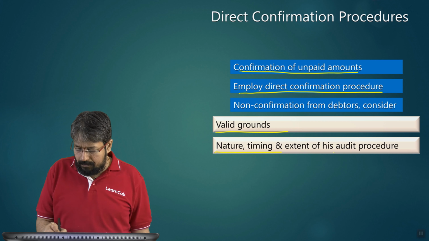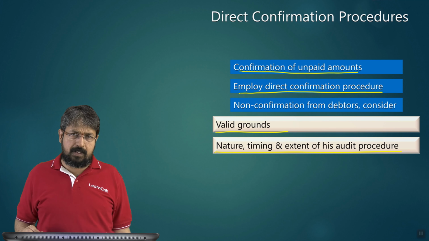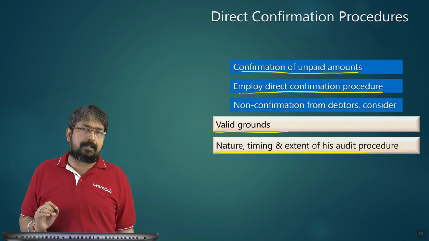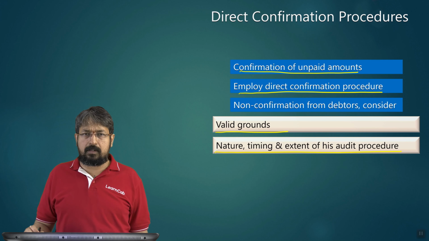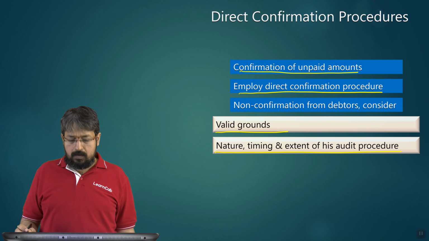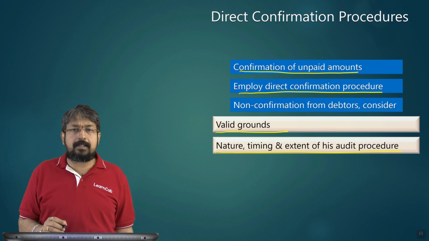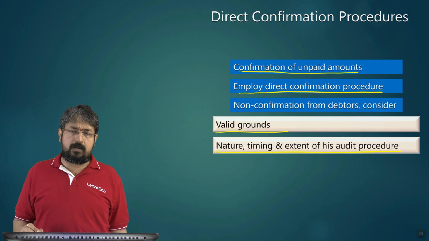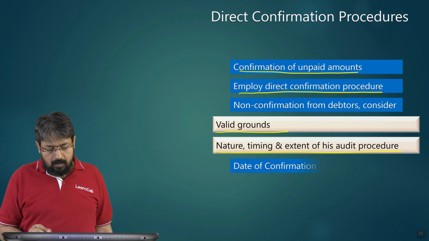Also consider the nature, timing and extent of the audit procedures. So first of all, ascertain the valid grounds. Second thing is the nature, timing and extent of the audit procedure. What are the audit procedures that have to be considered?